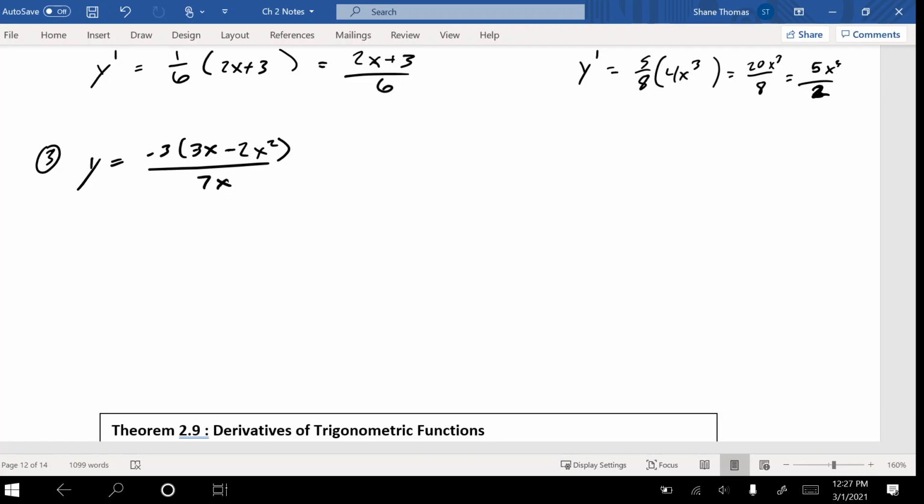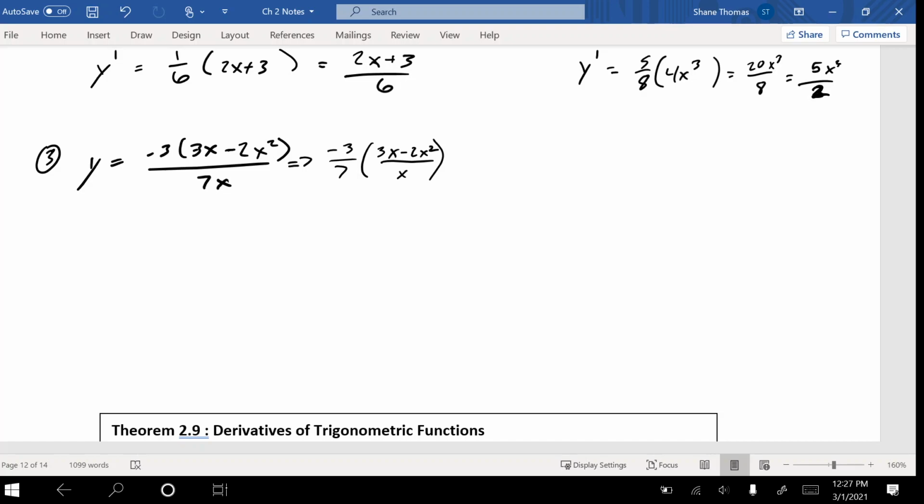But sometimes you can rewrite these and make them even easier on yourself. All right, so let's rewrite this guy, and I'm going to pull out the negative 3, and I'm going to pull out the 7. Now that's leaving me with 3x minus 2x squared over x.